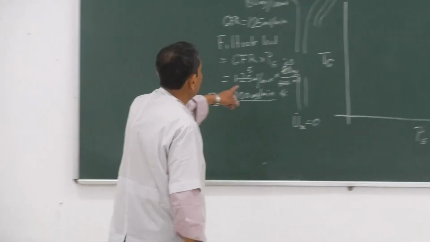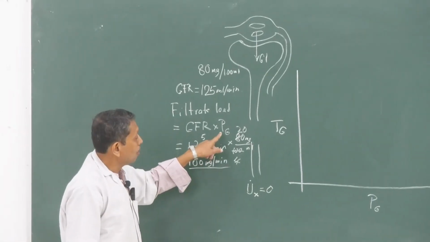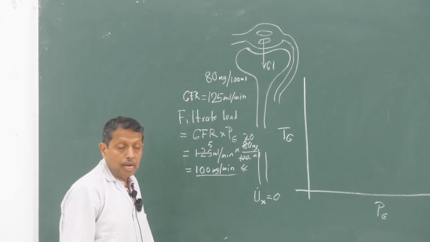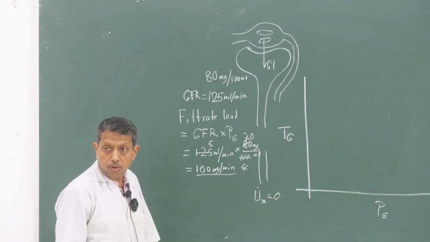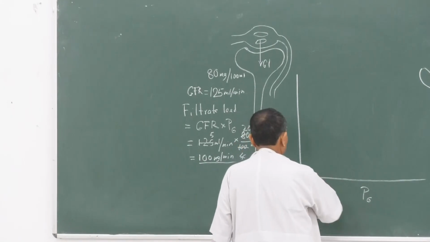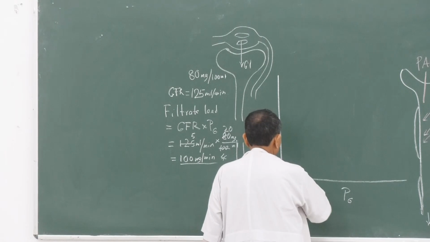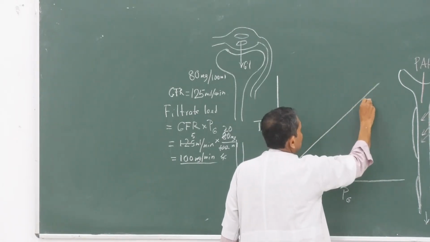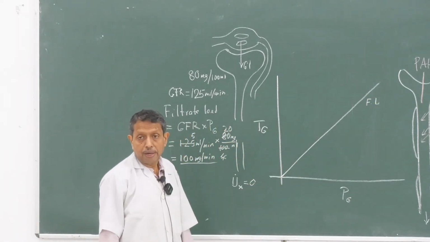If GFR remains constant and plasma glucose varies, it will be a straight line going through the origin, the filtered load, with the slope being GFR.